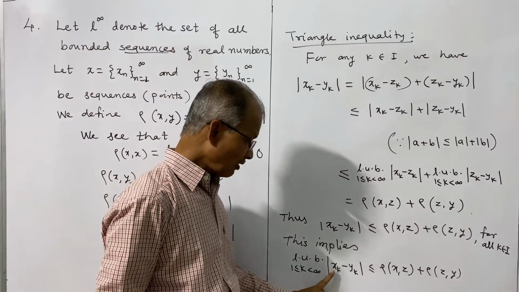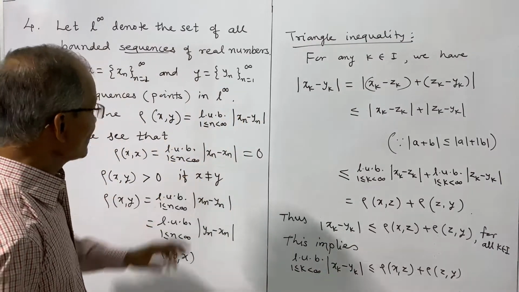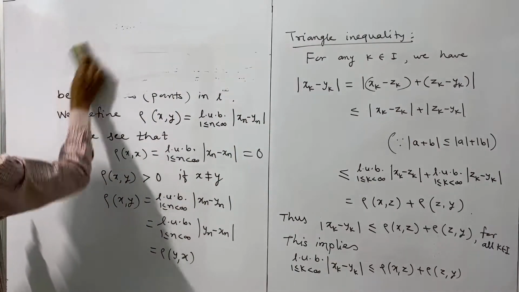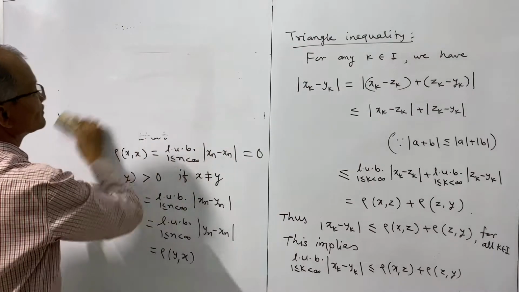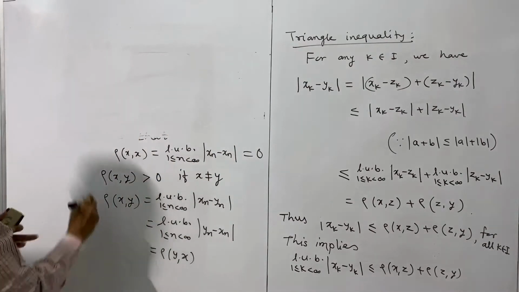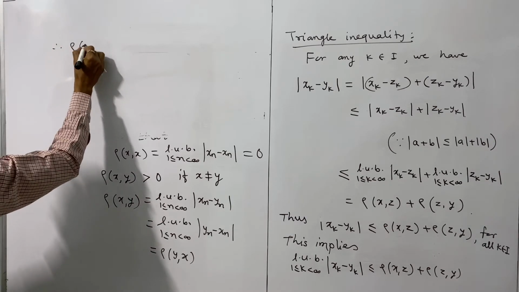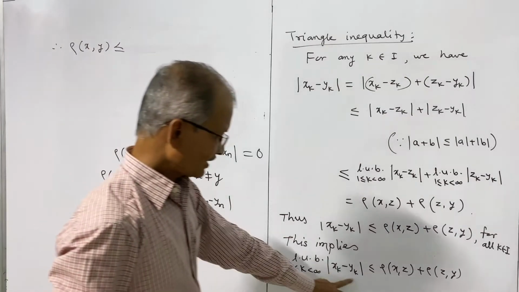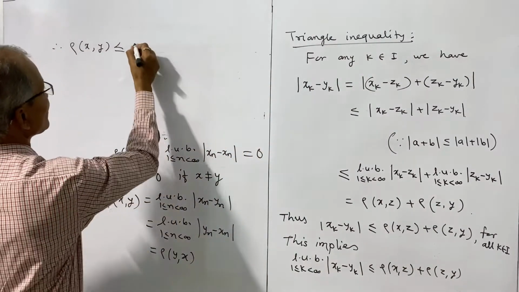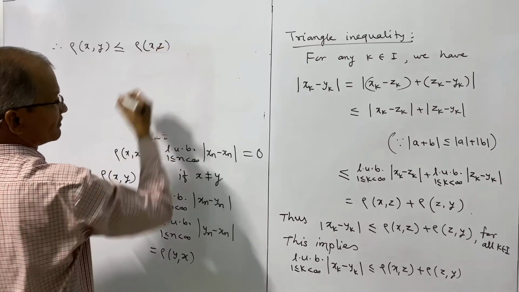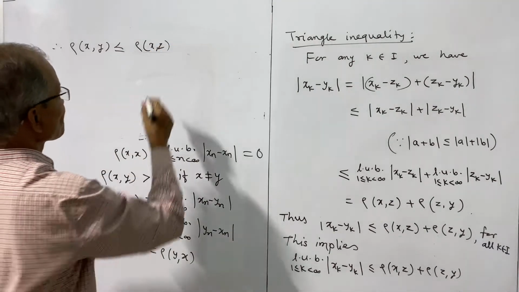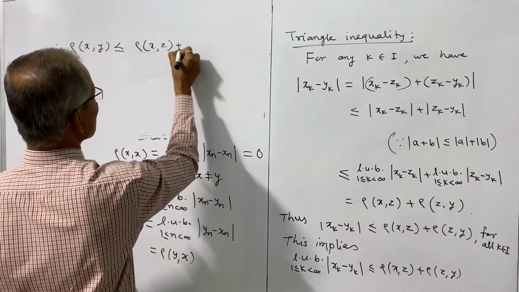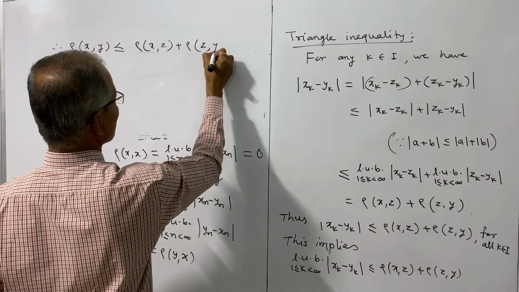This is rho of x and y by definition. So thus rho of x and y is less than or equal to rho of x and z plus rho of z and y.